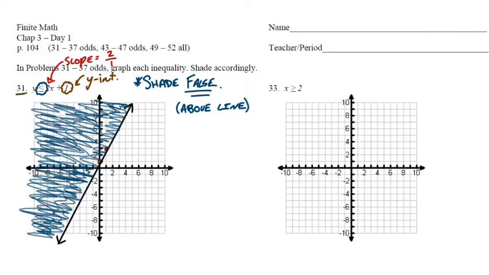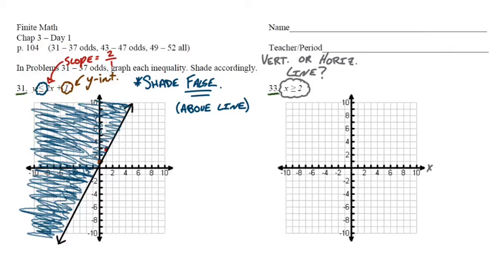And then I want to talk about number 33. It says x is greater than or equal to 2. That does seem simple on the surface, but it's on us to remember, is that supposed to make a vertical line or a horizontal line? If we think about it in simpler terms, how about just x equals 2? If it's x equals 2, we know we can put a point on the x-axis at 2.